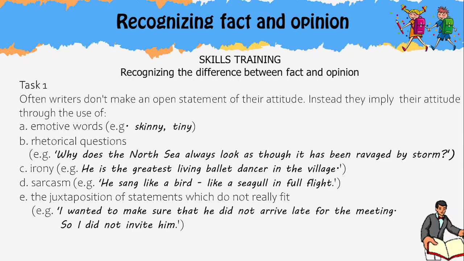A seagull just shouts out. The bird cannot sing, so this kind of sarcasm is like irony, but it is more rough, more bad.